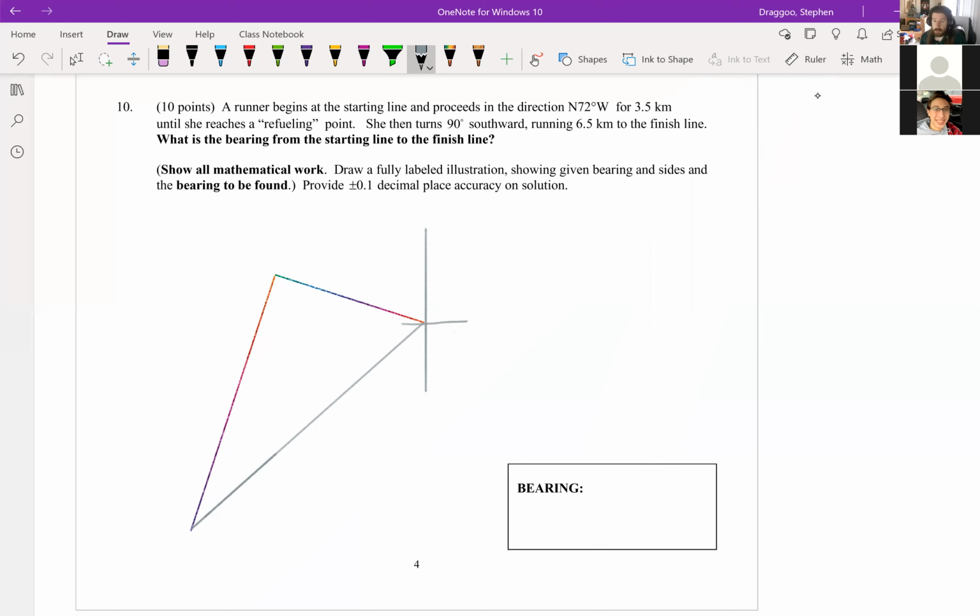Okay. So label a few other things. This was our starting line. This is our finish line. In the end, we're interested in what? The bearing from the starting line to the finish line.